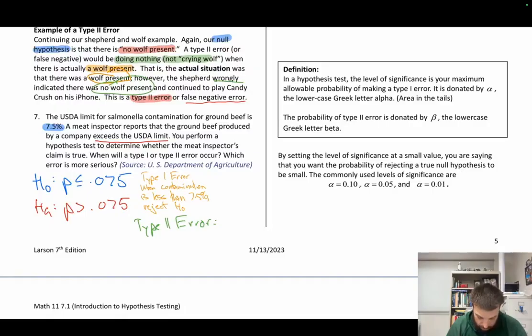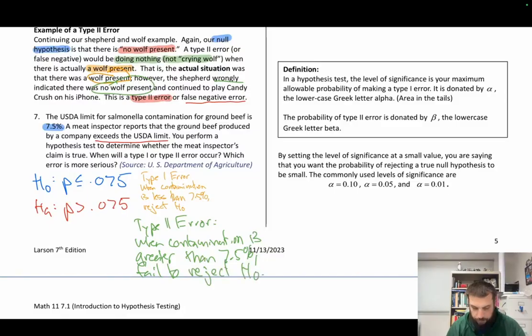In this case, the contamination is greater than 7.5%, but we fail to reject our null hypothesis.